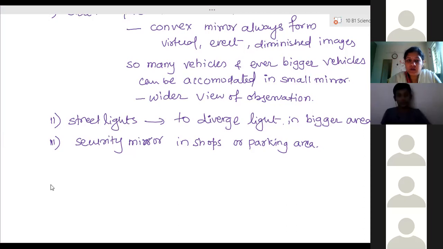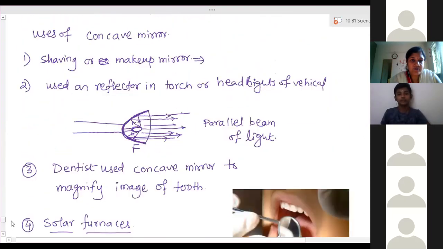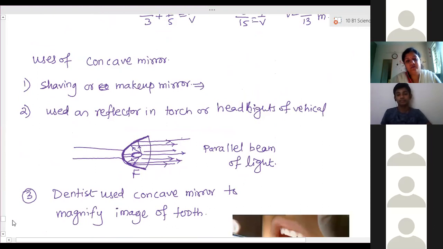Ma'am, can you show the uses of concave mirror? Ma'am, a plane mirror is only used as a normal mirror in houses.